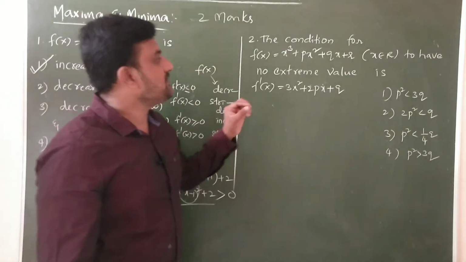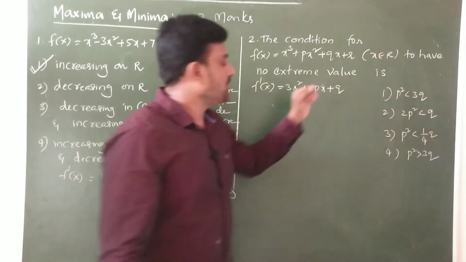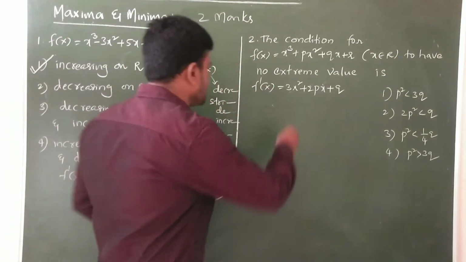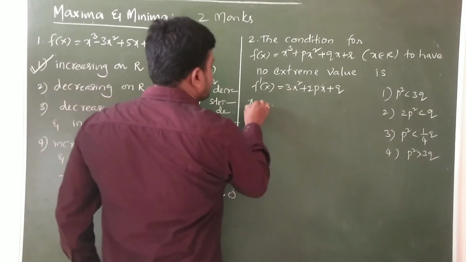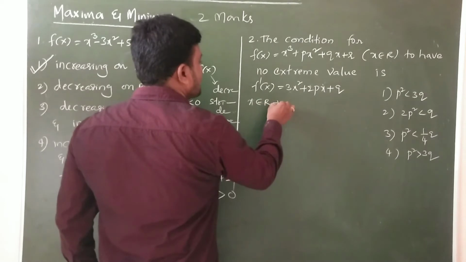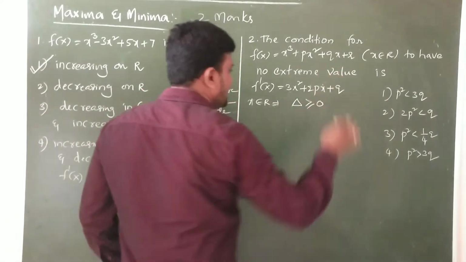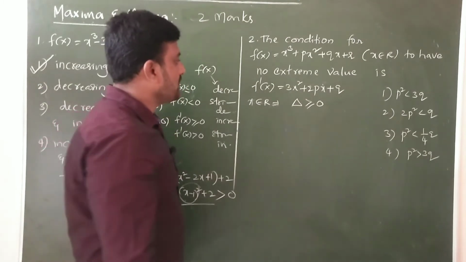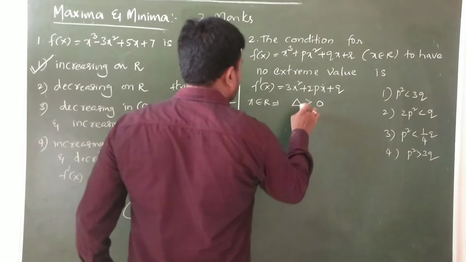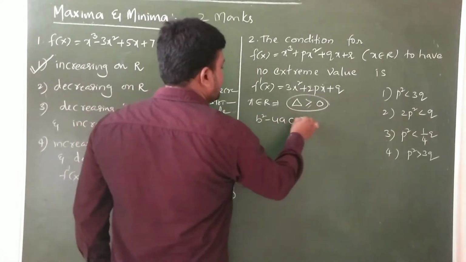No extreme values. Means now we can take the real values like this. For x belongs to R, discriminant less than 0. Yes or no? Now applying discriminant, b square minus 4ac less than 0.